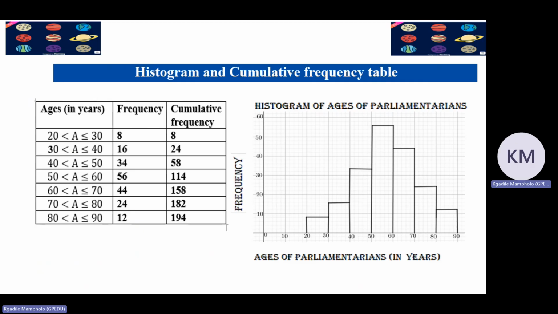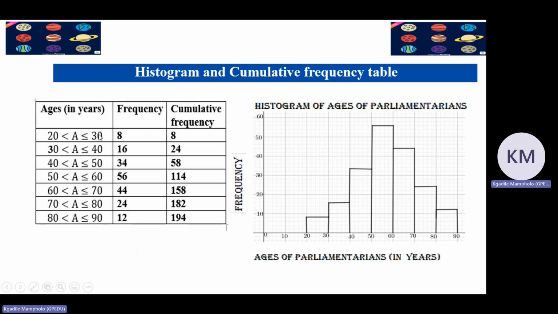Then the first plot, you use the upper limits and the cumulative frequency. It means the x value will be 30, the y value will be 8. I'm just saying x because we used to name the horizontal axis on the Cartesian plane as the x-axis, the vertical axis as the y-axis.